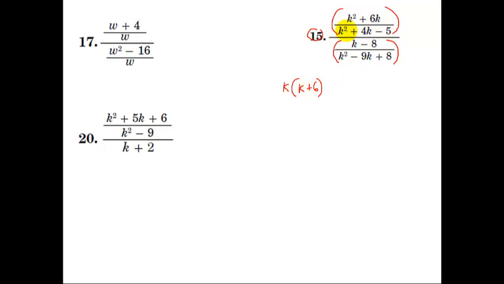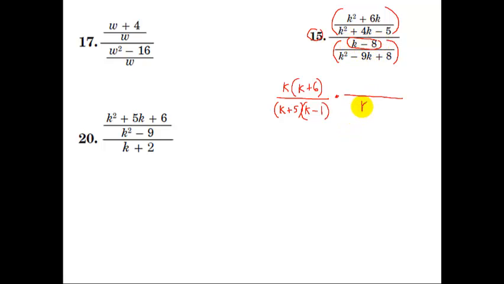And now out of this denominator here, looks like we can factor that as well. Okay, so k squared is going to give me a k in the front. Two things that multiply to negative 5 and add up to 4 are going to be positive 5 and negative 1. Okay, now I'm going to multiply by the reciprocal of this stuff. So that right there goes to the denominator.